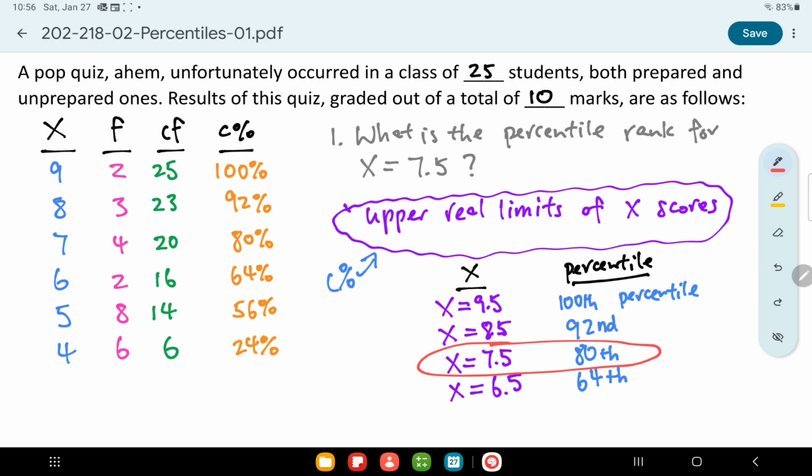The percentile rank in this situation is 80%. This is the percentile rank. Recall that to indicate percentile rank, we use the unit of percentage.